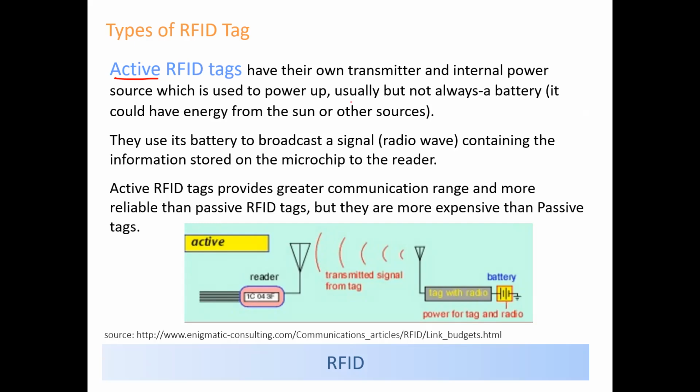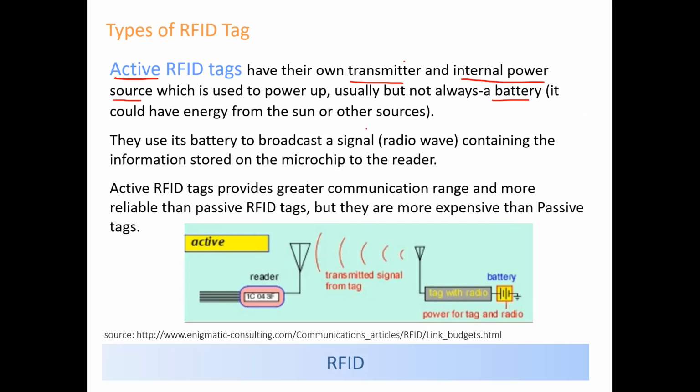You need the transmitter inside. Active tags have their own transmitter and internal power source, which is used to power up, usually, not always, a battery, but it can also be a battery from a solar cell or other sources.